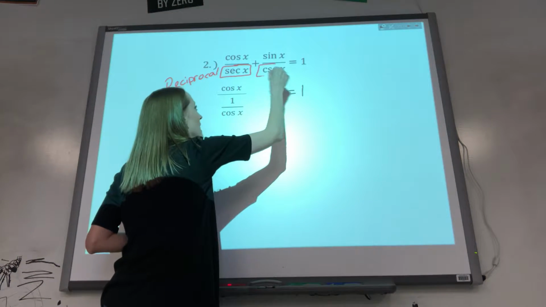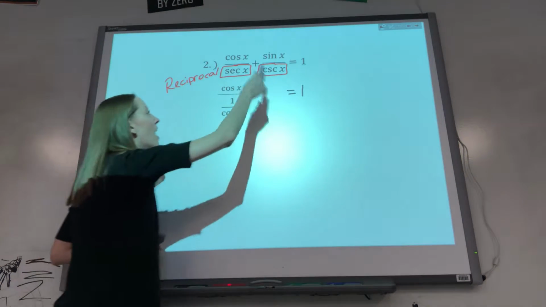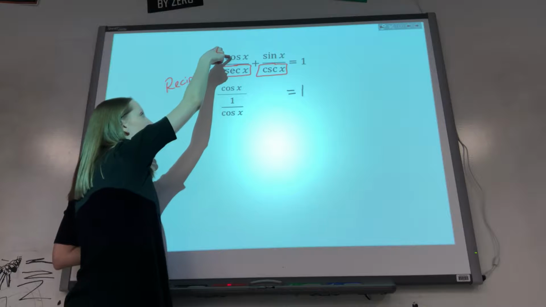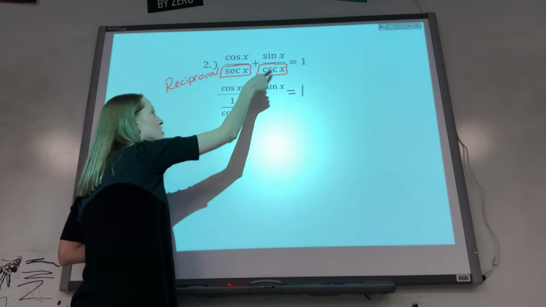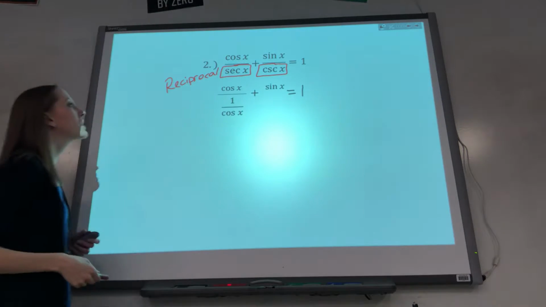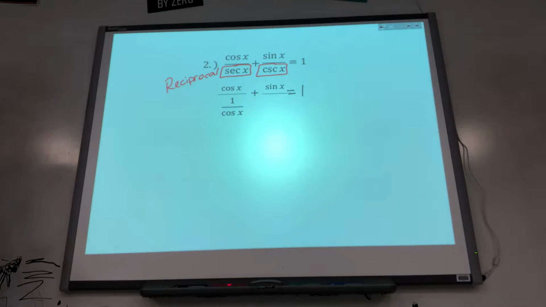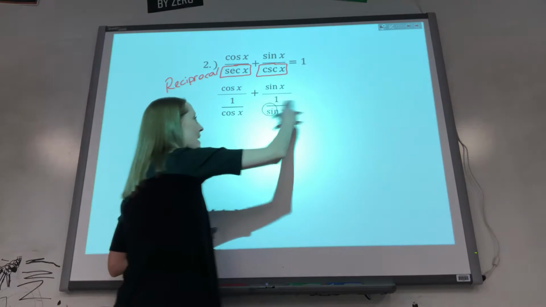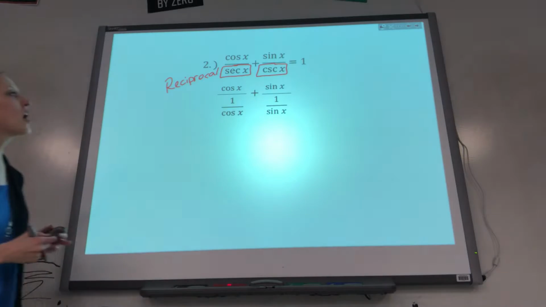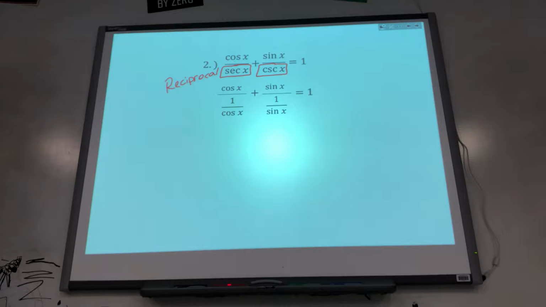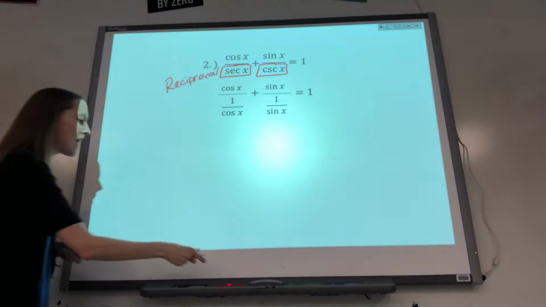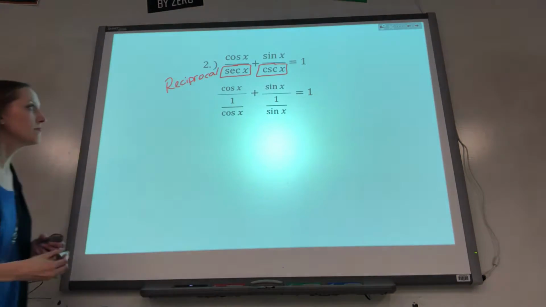You want to leave one of them alone because you're going to end up with something in common. Now on this side, be consistent. On the last part, I kept the top and changed the bottom. So that's what I want to do on the other side. Keep sine of x, change cosecant of x to be 1 over sine of x.